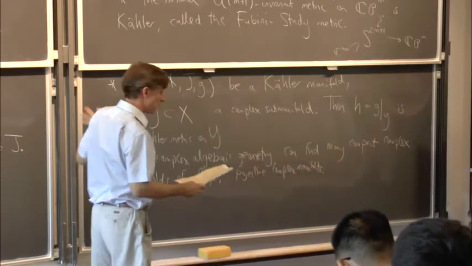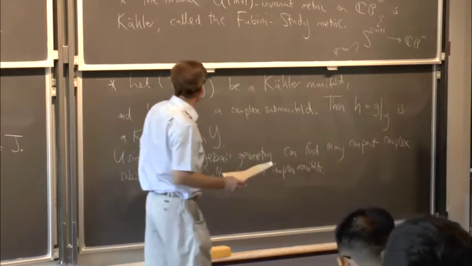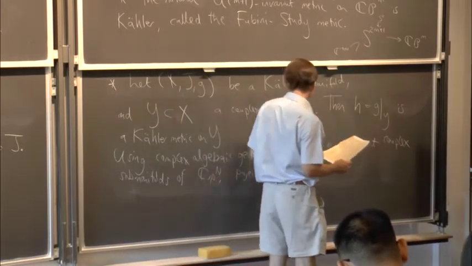So as CP^N is Kähler by the Fubini-Study metric, all of these submanifolds are Kähler.